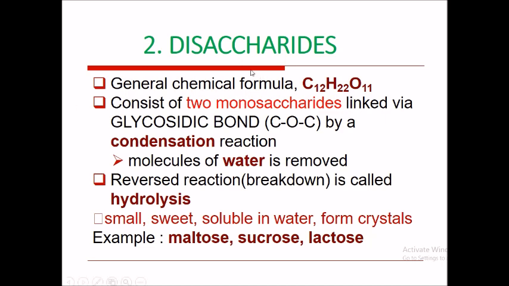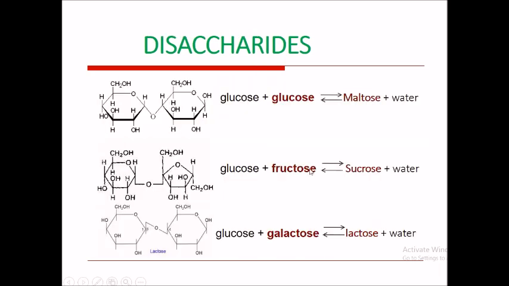The properties of disaccharides are that they are small, sweet in taste, soluble in water, and they can also form crystal structures. Examples of disaccharides are maltose, sucrose, and also lactose. Maltose is made up of monomer glucose and also glucose.